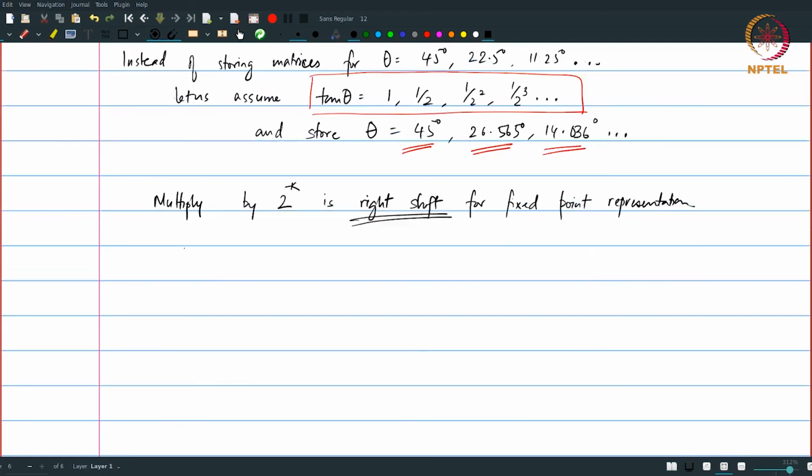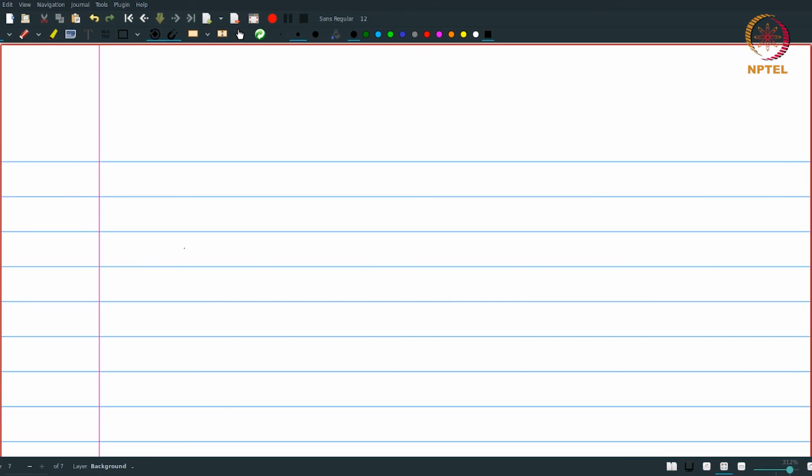So if we go back and once again write what is the iteration that we are going to do, effectively we would start with x comma y. Step 1 would be to rotate by theta 1, in this case equal to 45 degrees.